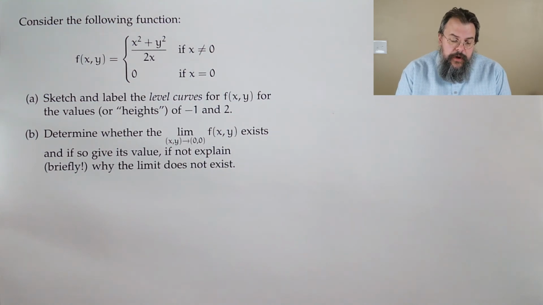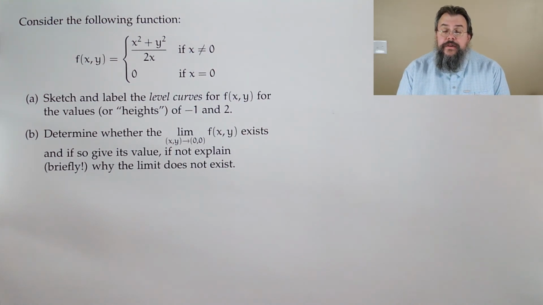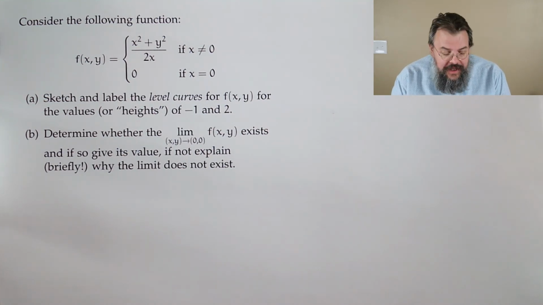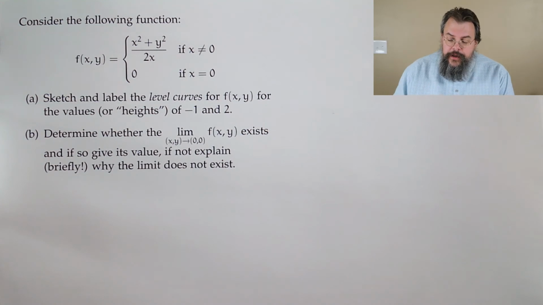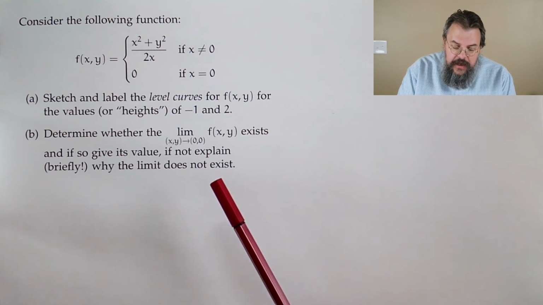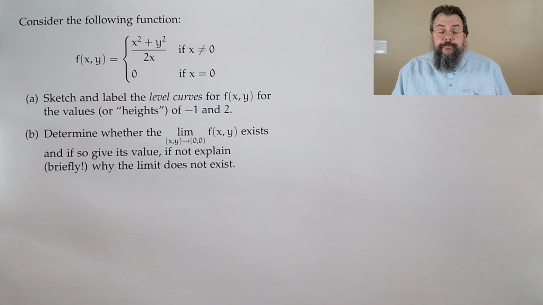So, part A, sketch and label the level curves for the function for the values or the heights of -1 and 2. Okay, that doesn't seem to have much to do with limits. Oh, part B does. Determine whether the limit as we go to (0, 0) exists, and if so, give its value. If not, explain briefly why the limit does not exist.